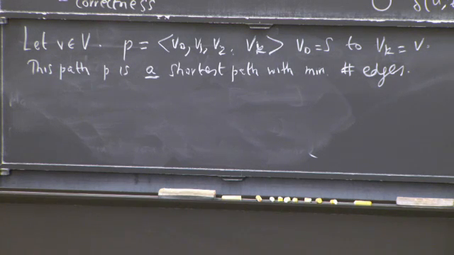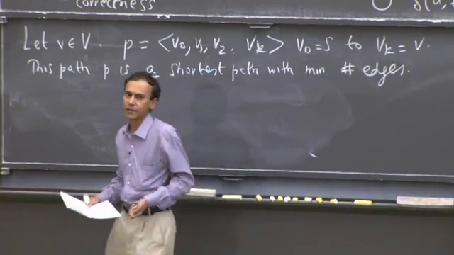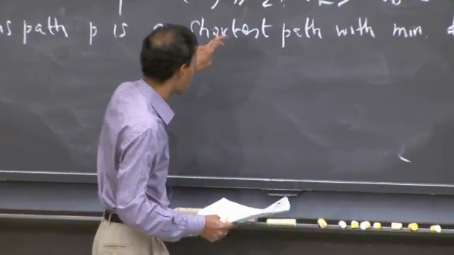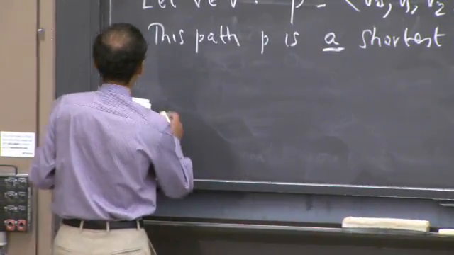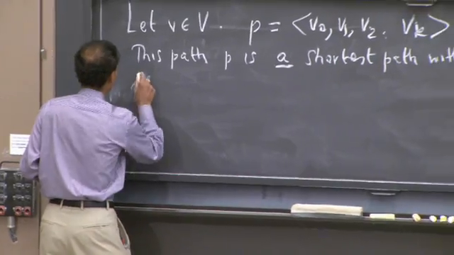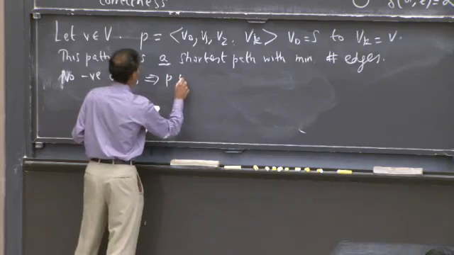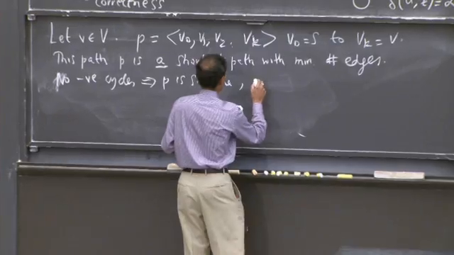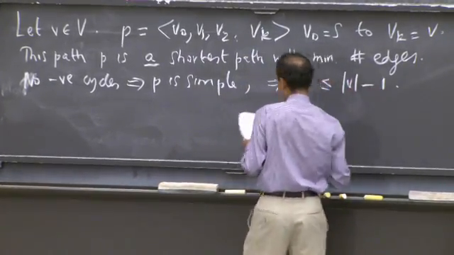But it may be that I have a path with 4 edges that has the same weight as another path with 3 edges. I'm going to pick the one that has 3 edges. So they're not necessarily unique shortest paths, but I can certainly pick one. And no negative weight cycles implies that P is simple, and that implies that K is less than or equal to V minus 1, which is what I just argued.